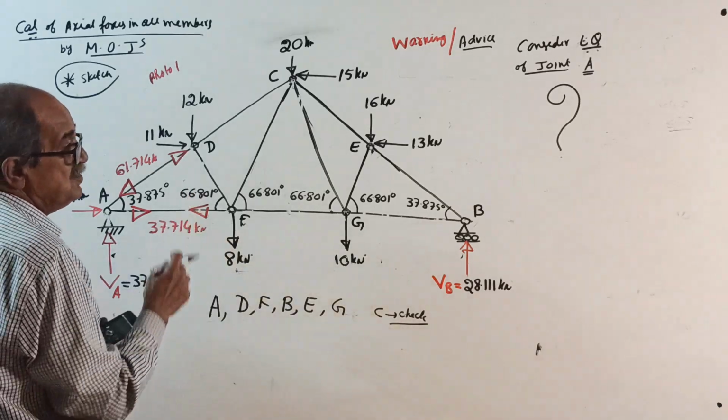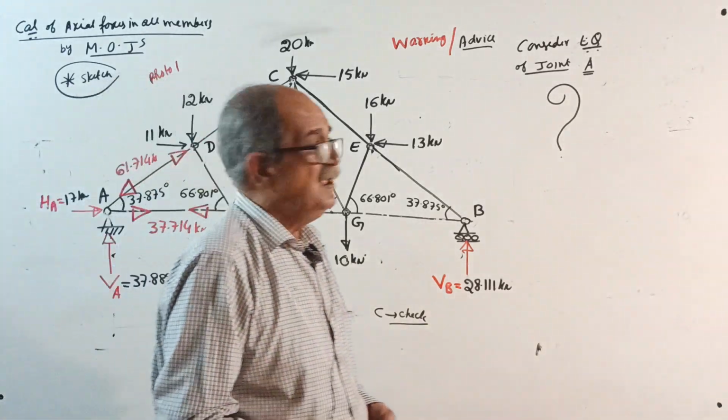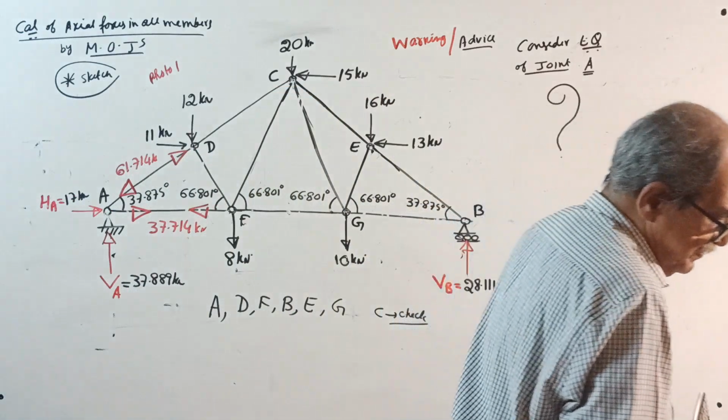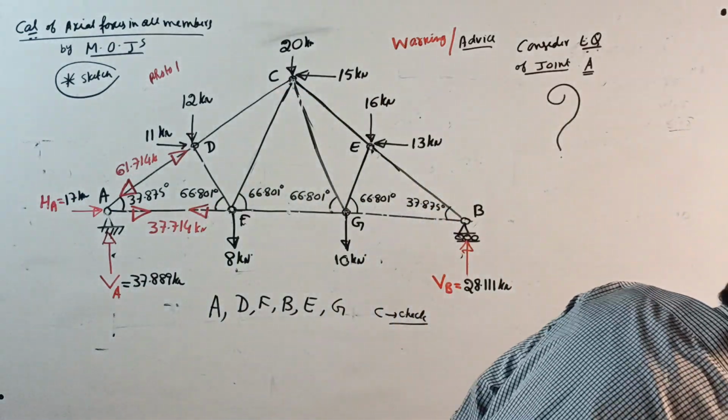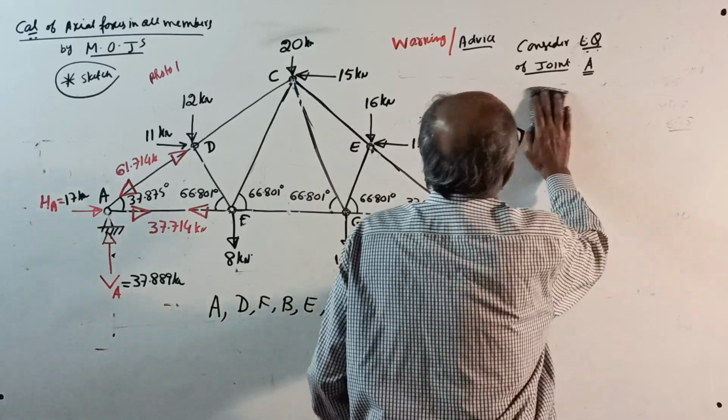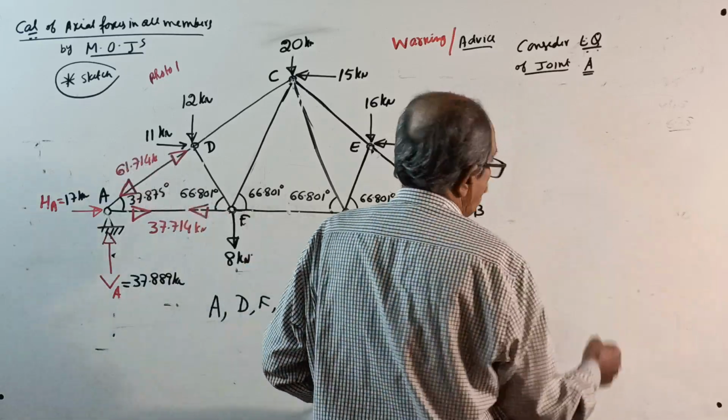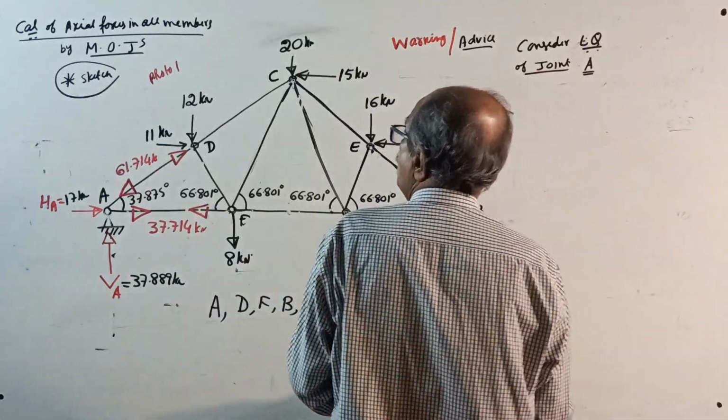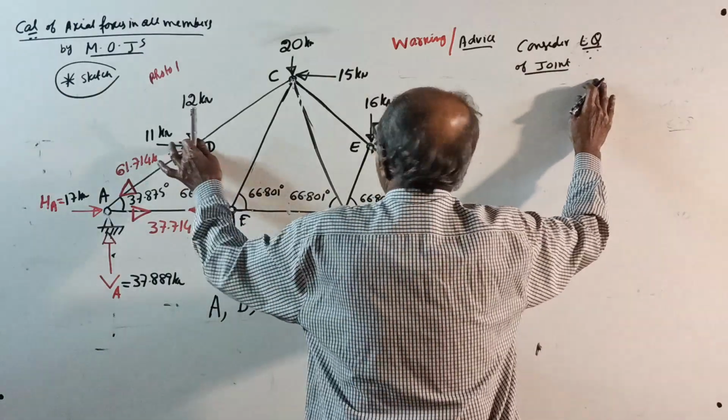Kilonewton. Okay, enjoy. If anybody not clear, right now leave the class. Do not come to my class once again. Okay, joint A over. Now, consider equilibrium of joint D.